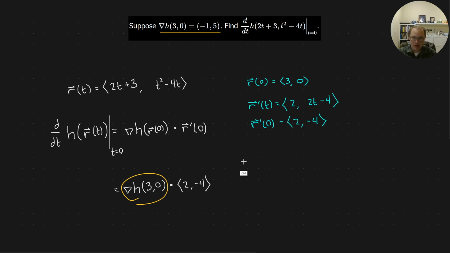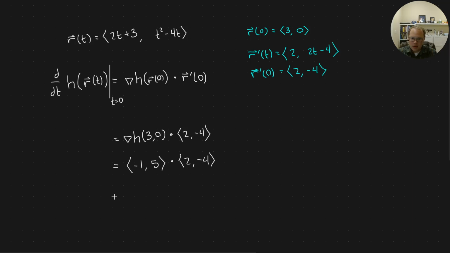It's (-1, 5). So if I plug that in, then I just have a dot product. And so I get -1 times 2, that's -2, plus 5 times -4, that's -20. So my final answer here is -22. That will be the derivative of h of r of t with respect to variable t evaluated at t equals 0.